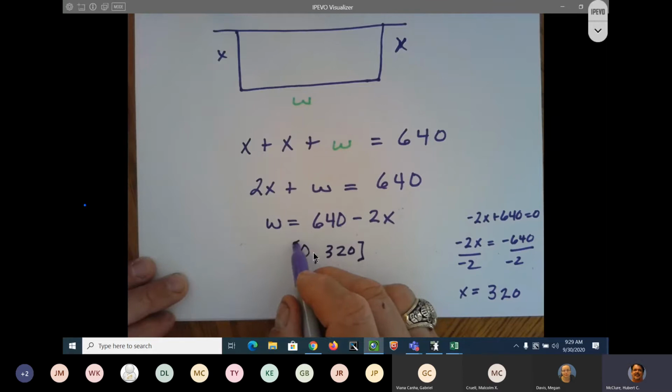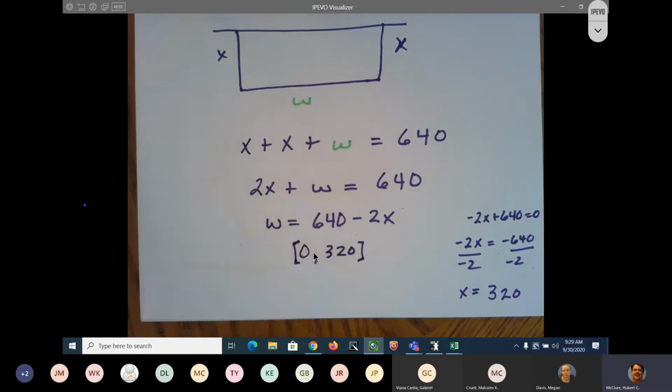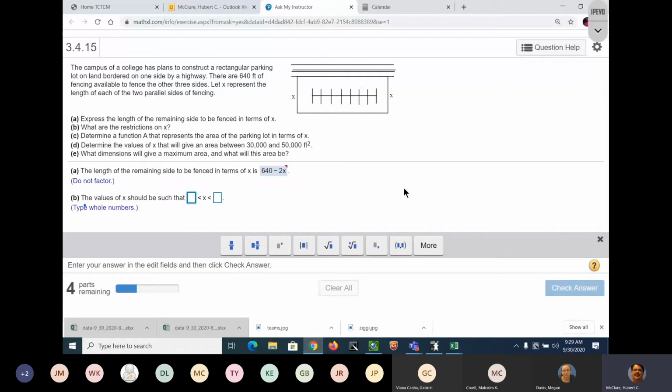You might want to say 1 to 320, but that distance right there is probably going to be very wide. So let's see what they do. 0 is between 0 and 320, and the reason I say 0 is because it has to be positive. Can't do negative. So 320, that's that answer.